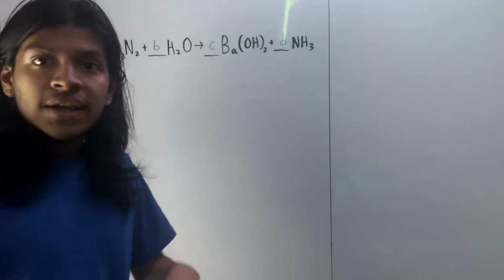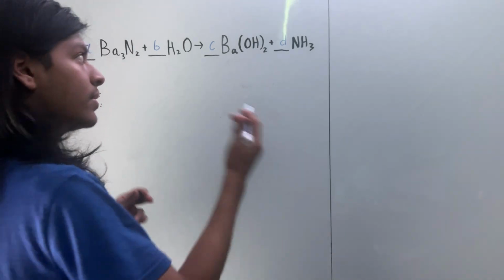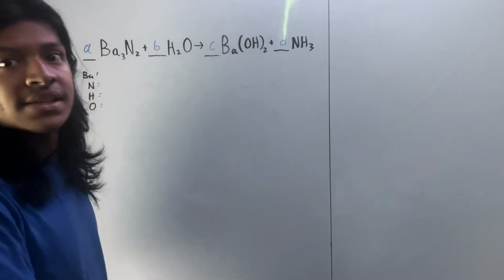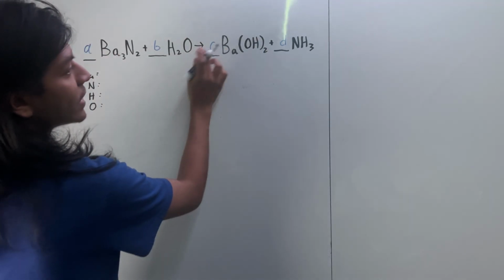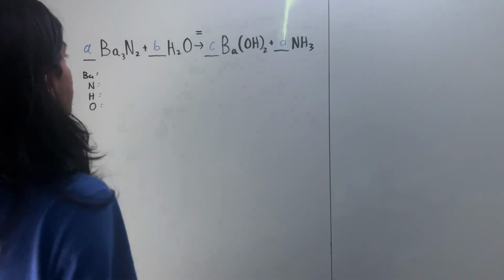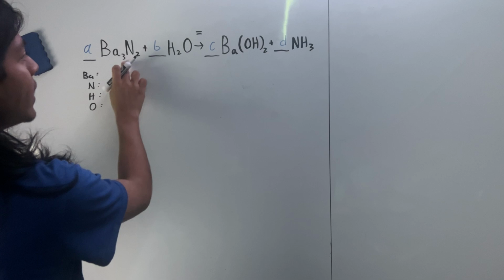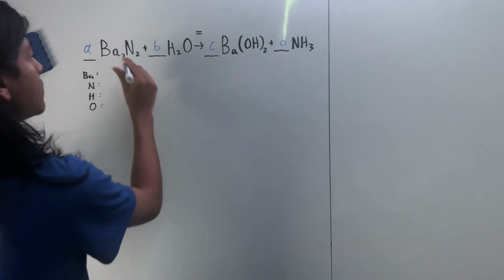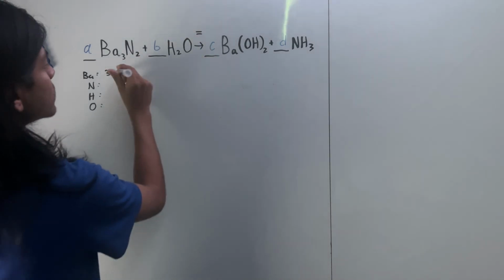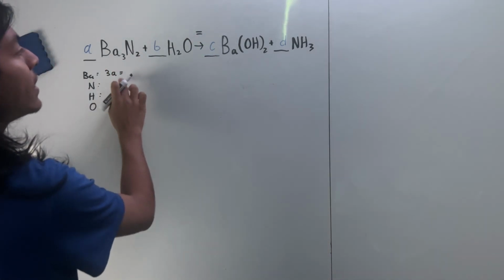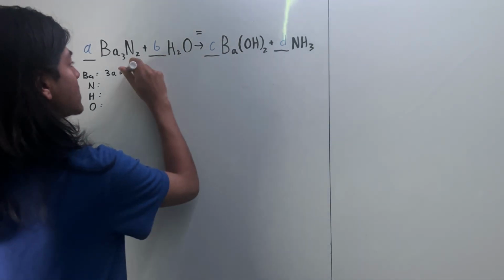Now, we know that the amount of each element on the left side has to be equal to the amount of that element on the right side. So if we treat this arrow like an equal sign, let's take, for example, barium. On the left we have 3 times A bariums, so 3A is going to be equal to C bariums on the right side.